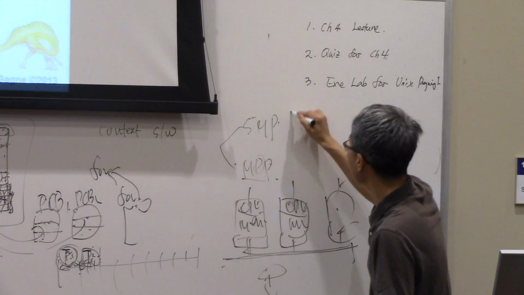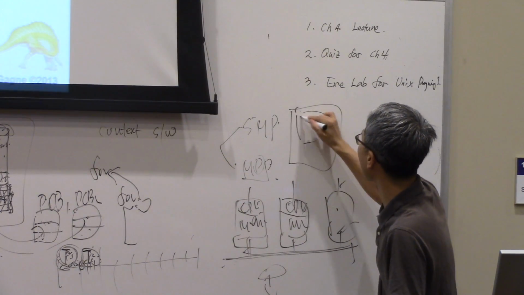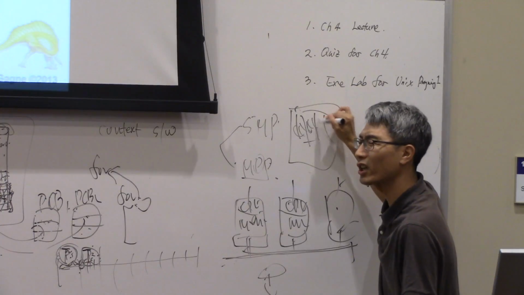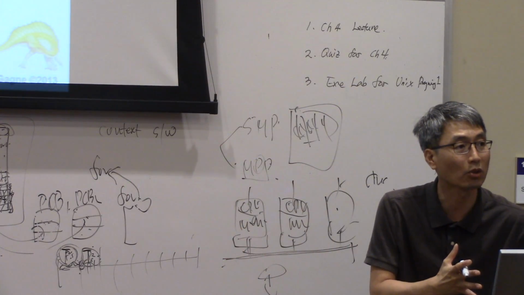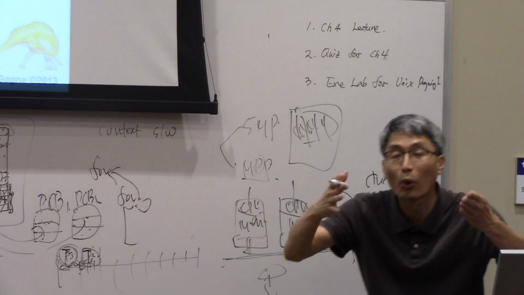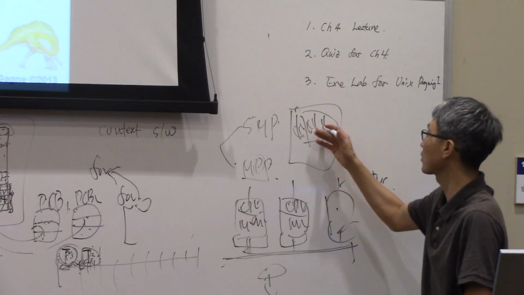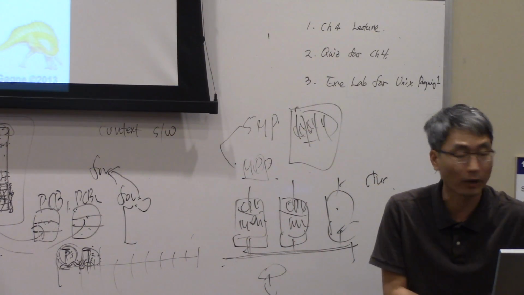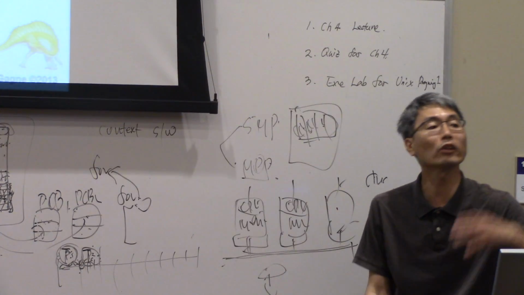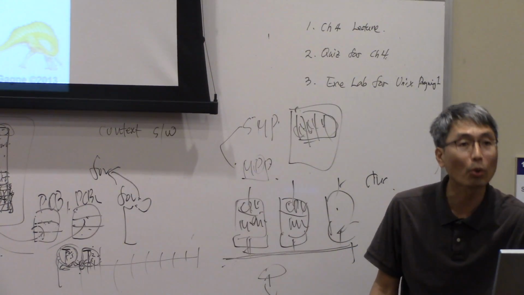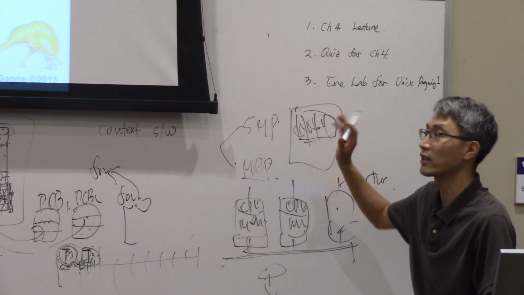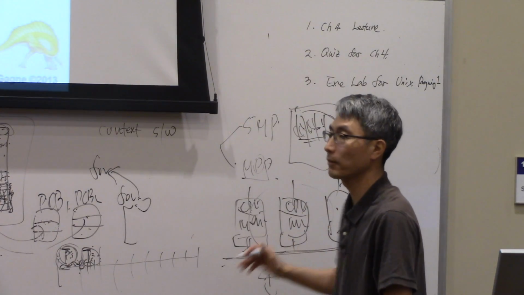So SMP is one system with multiple CPUs, but logically considered as one. So the operating system knows how to balance and how to use them. The user may not know. This is similar to multi-core, dual core, quad core. That is the SMP machine, and this is the MPP machine.